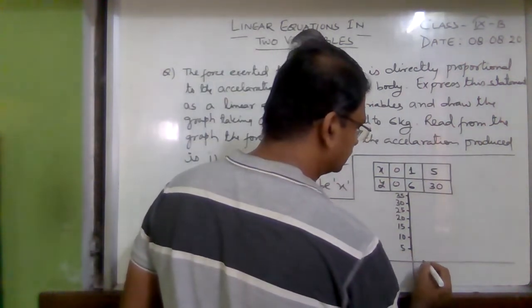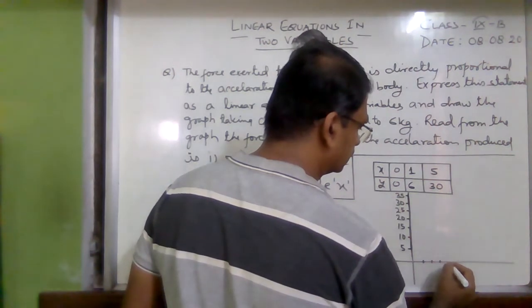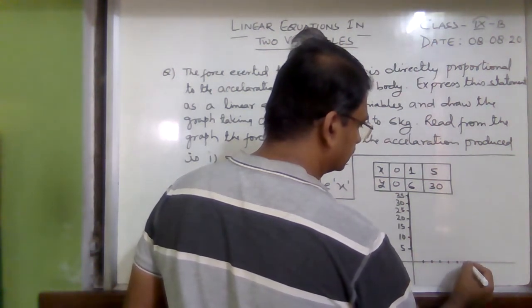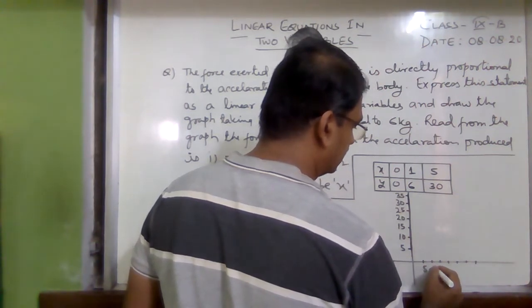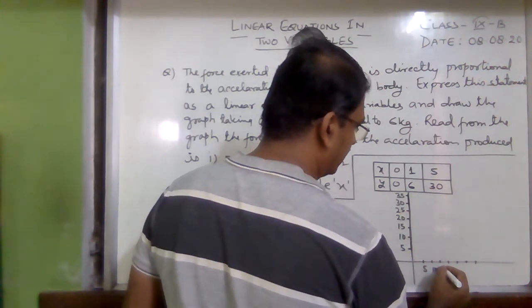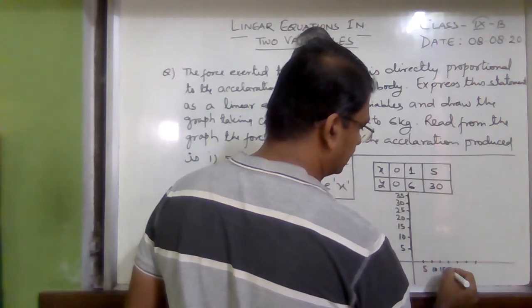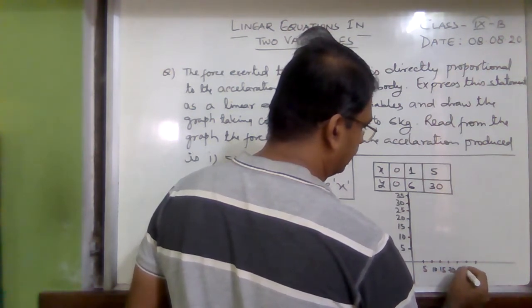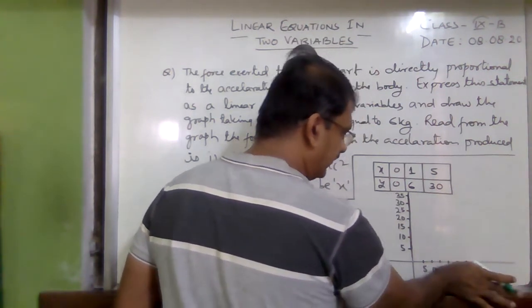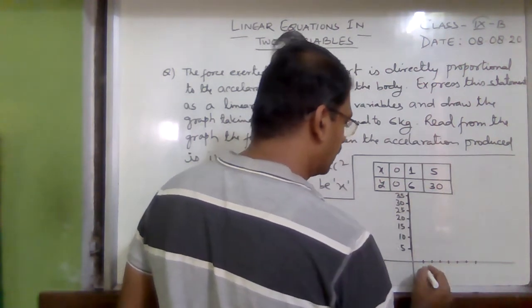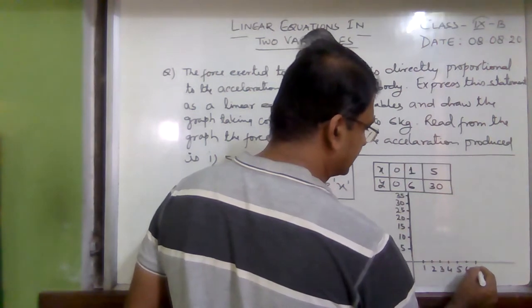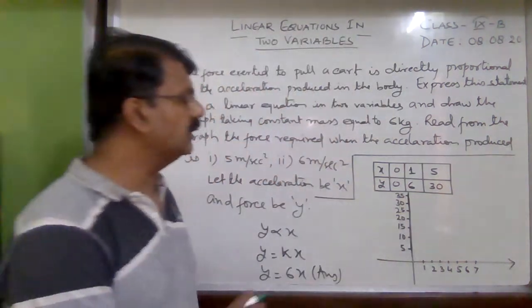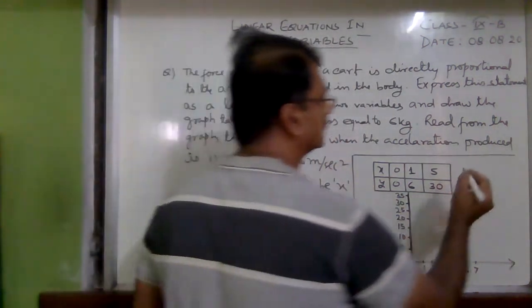And on this side, you can write 1, 2, 3, 4, 5, 6, 7, and so on. Now you have to write the scale also.